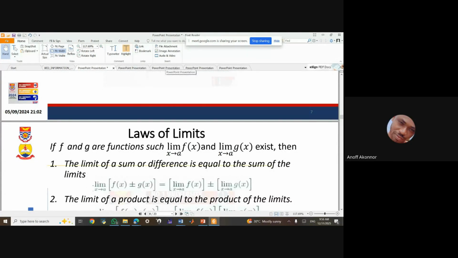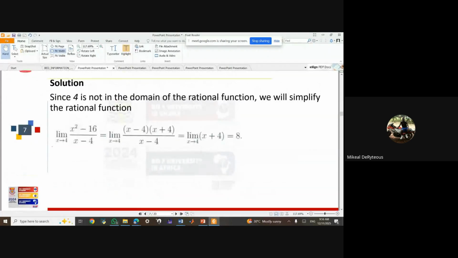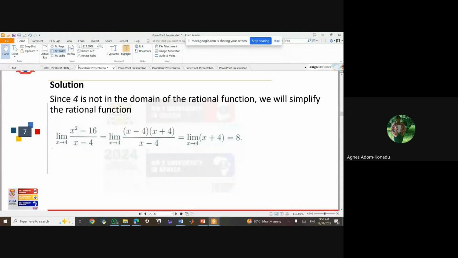Yes, please. Madam, go over it again, please. So we just saw that 4 is not in the domain. So b tells us that if the a value is not in the domain, you have to simplify. So we are simplifying x squared minus 16 over x minus 4.